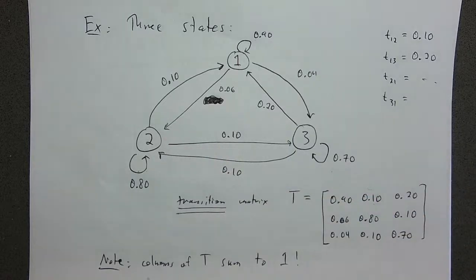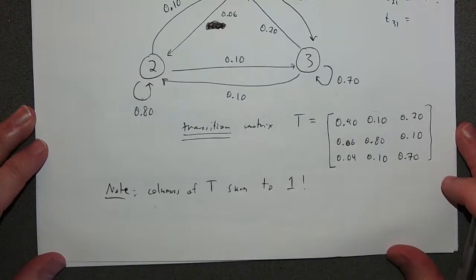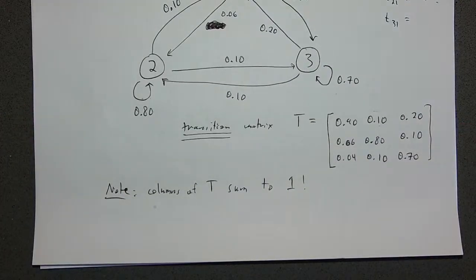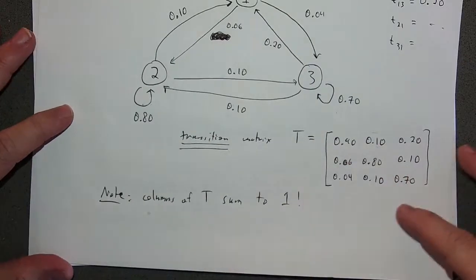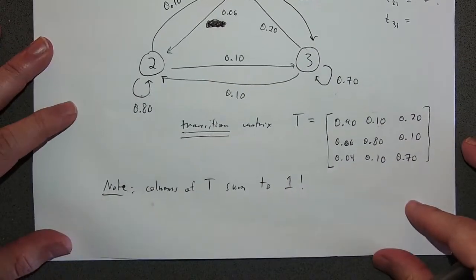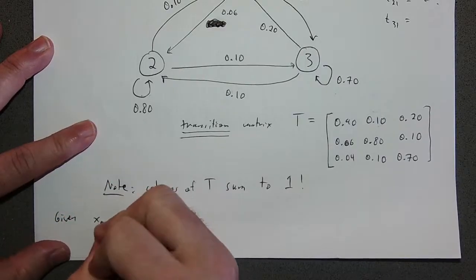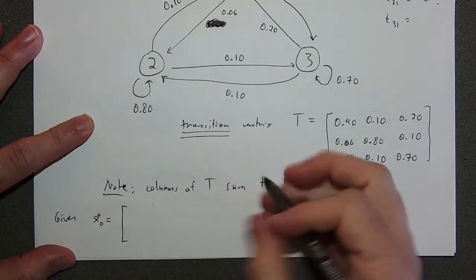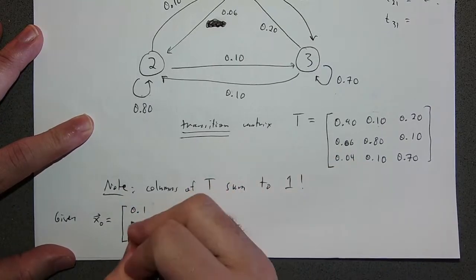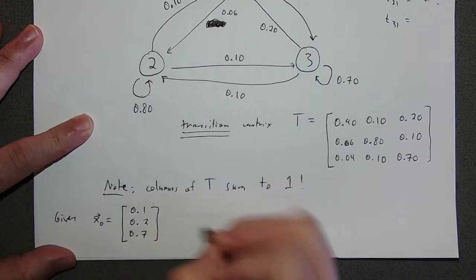Now, given this example, let us pick our favorite maybe initial population distribution. So let's pick some initial vector x naught that looks as follows.